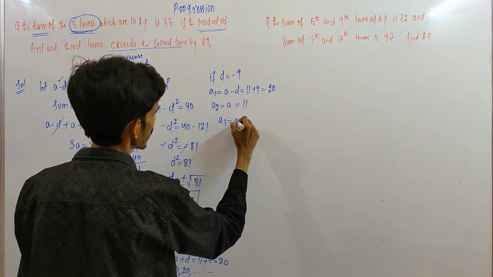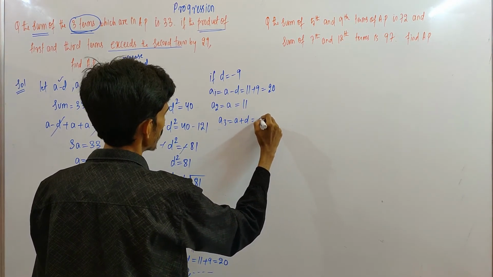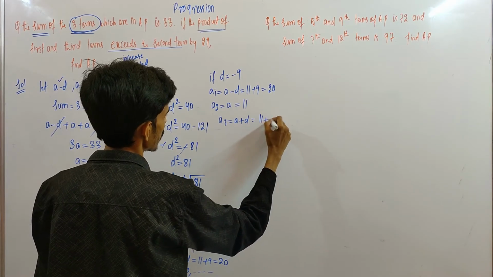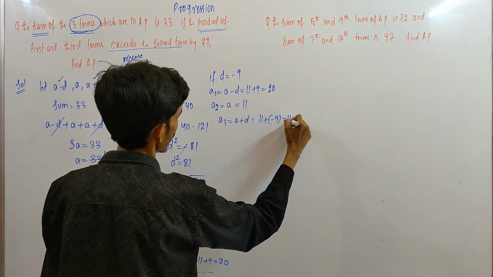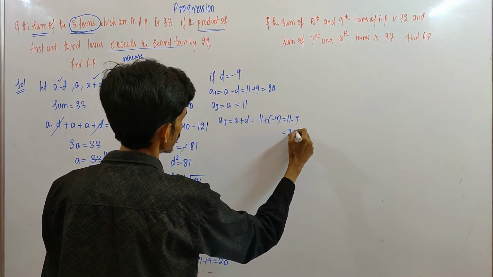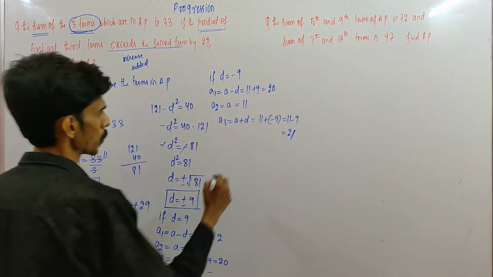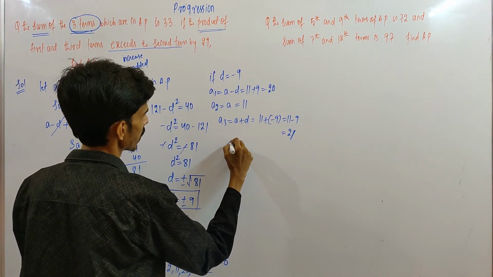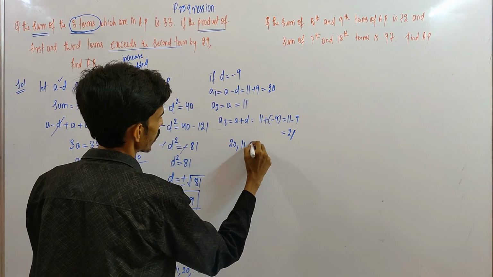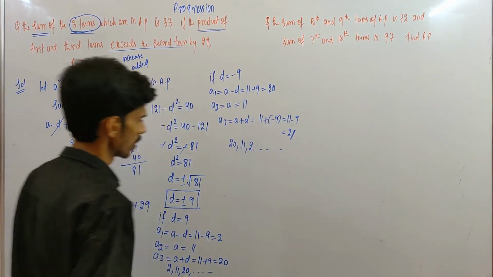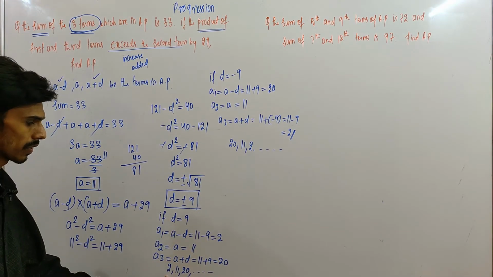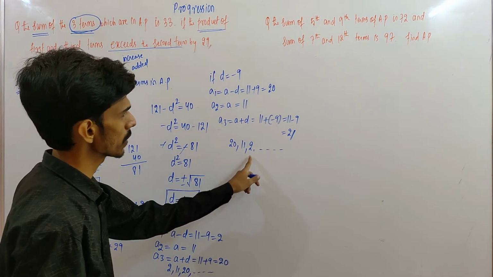Now a3 is a plus d, 11 plus minus 9, that is 2. So we will get two arithmetic progressions, 20, 11, 2 and so on. The first sequence is this and the second sequence is here.